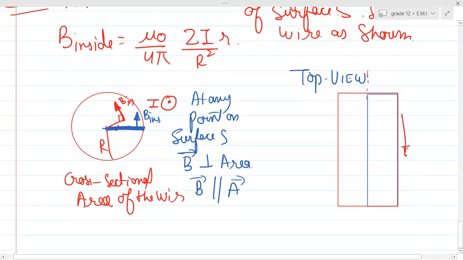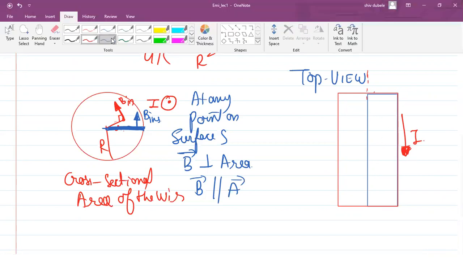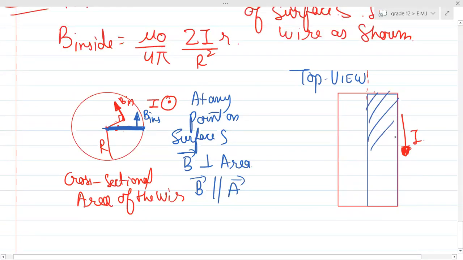The current is going in this direction, and this will be our surface S, the blue one, right? The angle was this thing.